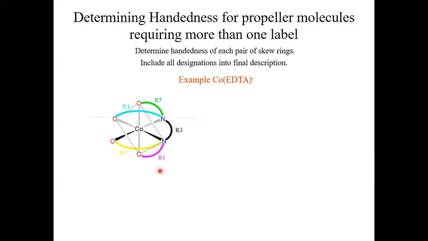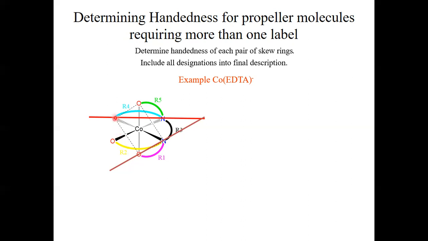The only thing that we need to do is we draw a horizontal line through the donor atoms of ring R4, and we draw another line between the donor atoms of the ring R1. Then we decide, well, how do we need to rotate the horizontal line to make it parallel to the other line?